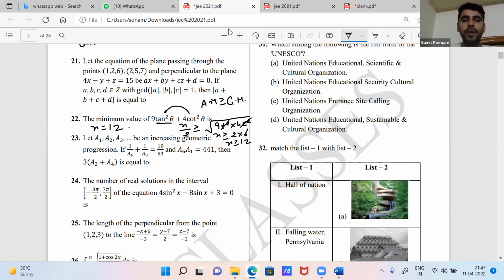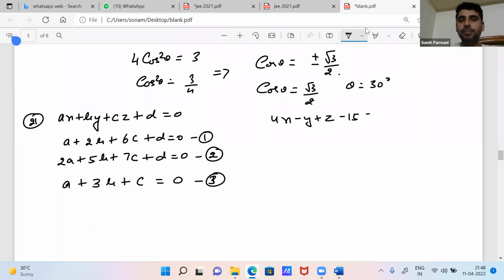Next part we can read from the question, and this plane is perpendicular to the plane 4x minus y plus z minus 15 equals 0. For perpendicular, this is your plane 1, this is your plane 2. Plane 1 dot plane 2 is equal to 0. Dot product is 0.